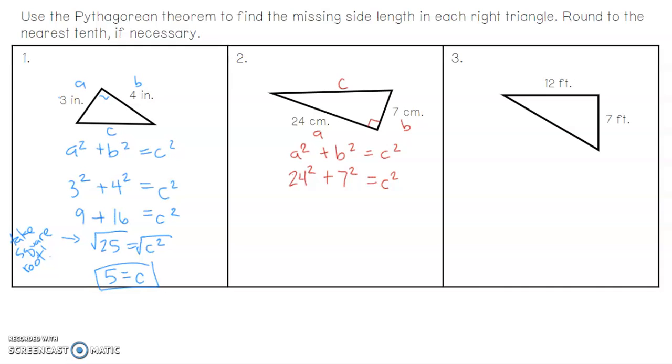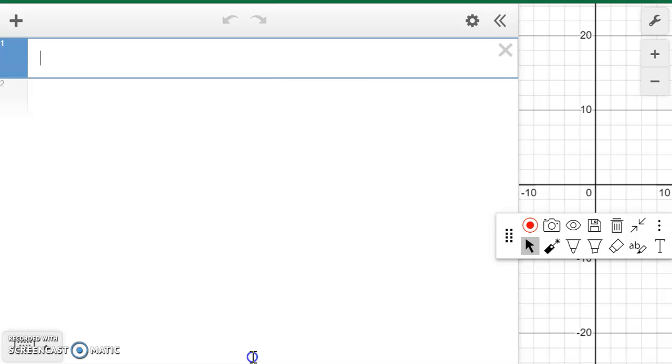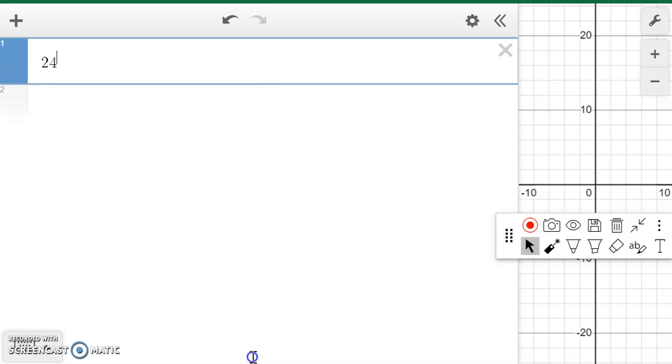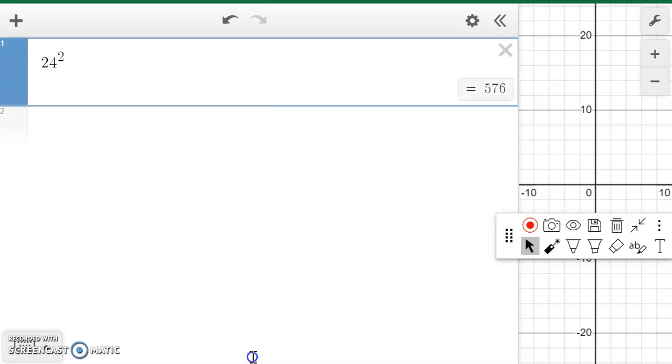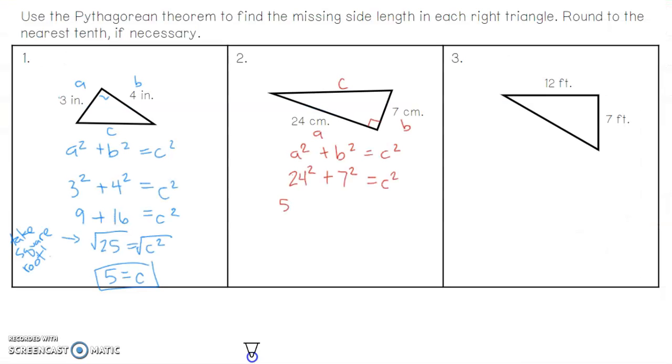If you don't know your squares, we can jump into Desmos. So 24 squared is 576. And then 7 squared, if I don't know it, I can go to Desmos, it's 49.